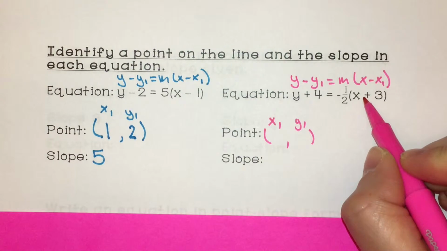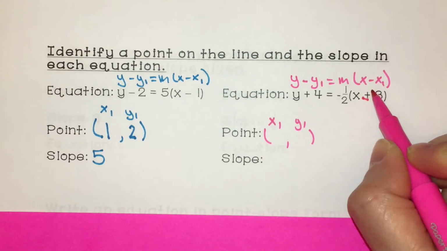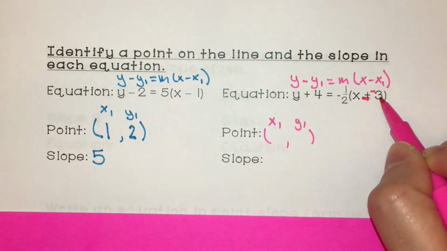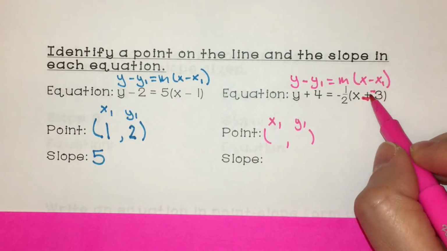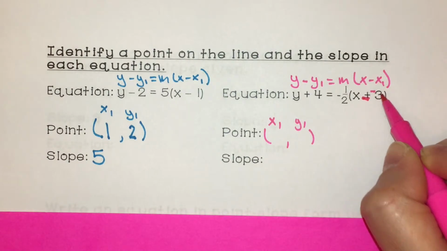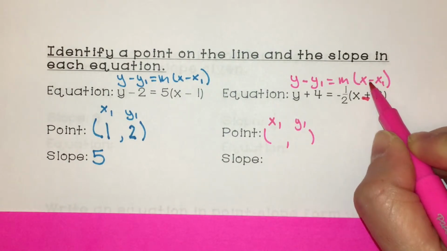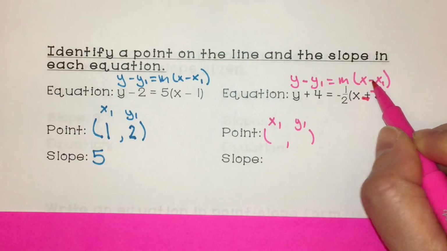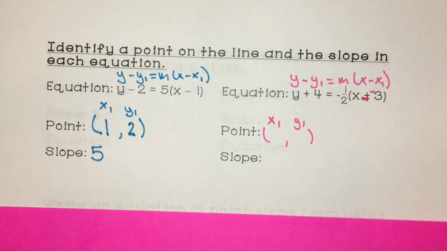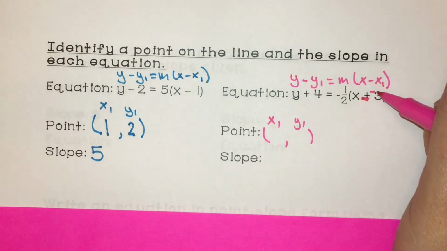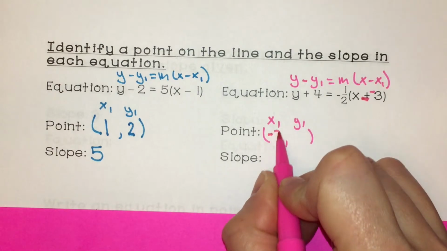Because remember, it was originally minus negative 3, changed to plus positive 3. So I know anytime there's a plus in here, my x value was originally negative, because you have to revert it back to the formula where it did have a minus. The only way to make it addition here is if you had minus and negative. So that means my x value is negative 3.